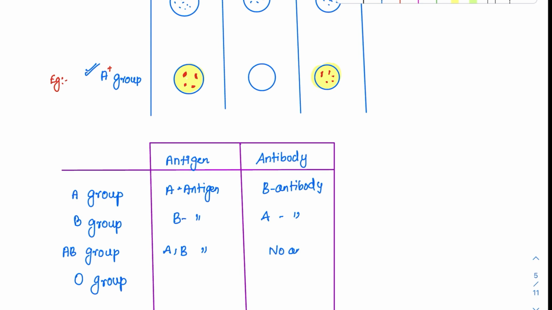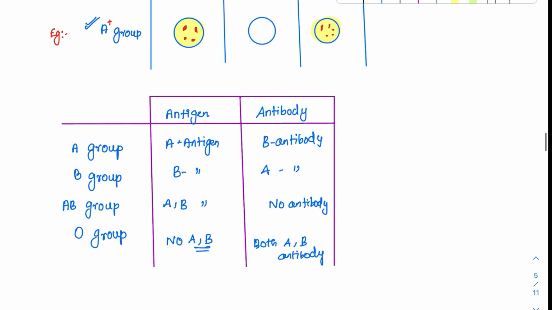In an O group person, O group means he has no A antigen and no B antigen. None of it is present. So in this person, both A and B antibodies will be present. So this is how the blood group is classified.